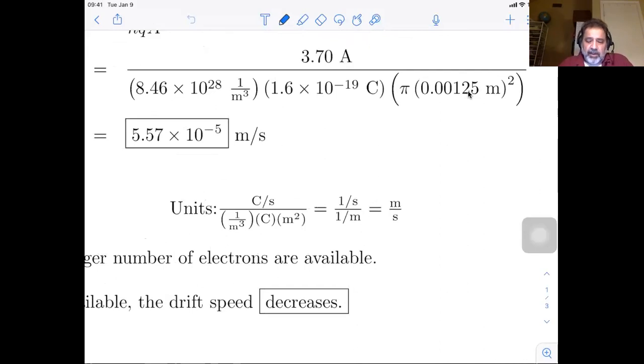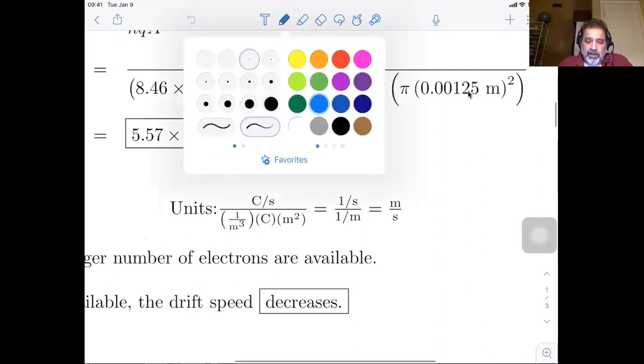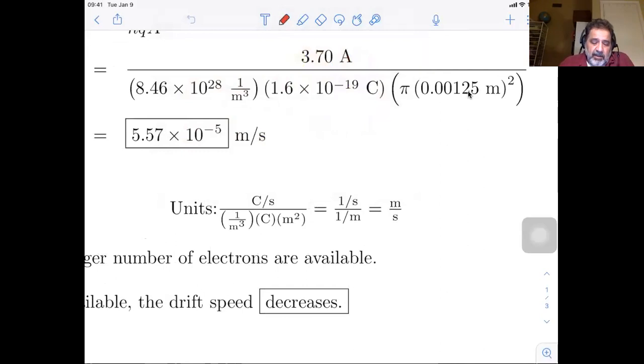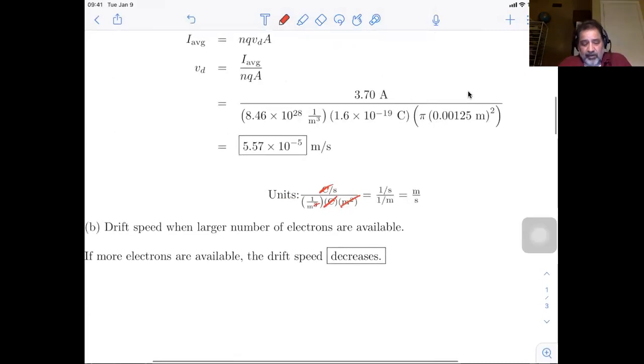The coulombs cancel out. The m squared takes this out and leaves just 1 over m. So we have 1 over seconds divided by 1 over meters, and you can invert both of those and it becomes meters per second, and that's what we want. We want the drift speed.